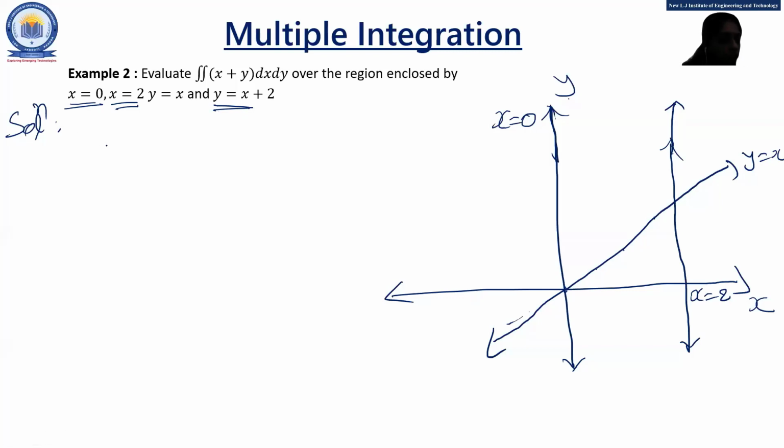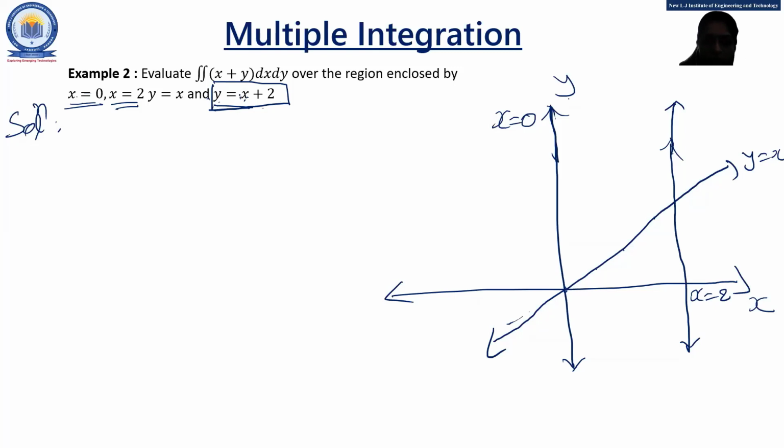For y equal to x plus 2, listen carefully, if I take x equal to 0, what is the value of y? For x equal to 0, y is 2. For x equal to minus 2, y is 0, right? For drawing this line, y equal to x plus 2, I want minimum 2 points.